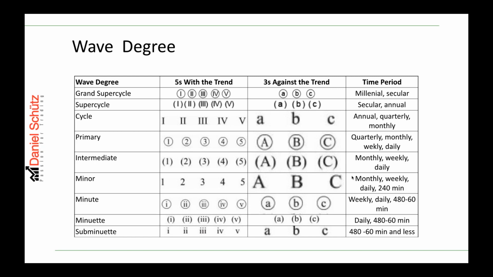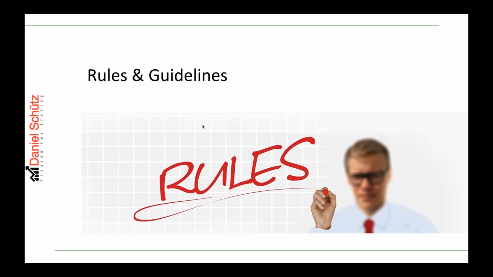But most of the analyses you see on a daily basis use the minor wave degree, with the 1, 2, 3, 4, 5 and the ABC, on monthly, weekly, daily, or 250-minute charts. But if you see other characters, take a look, because you might be at a long-term chart, maybe super cycle or whatever.